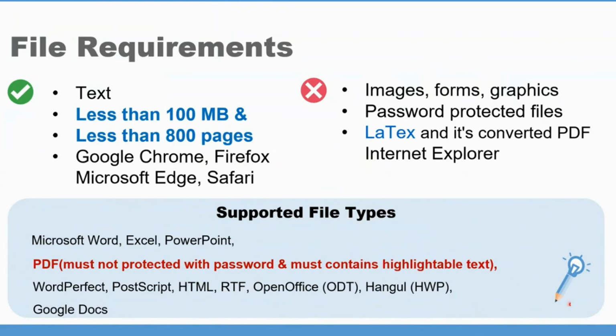A PDF file protected by a password or containing only images cannot be recognized by the system, and the similarity report won't be generated. For example, if you use a scanner to scan a paper, the scanner will turn it into a scanned PDF file, which will usually be images and won't be supported by Turnitin.